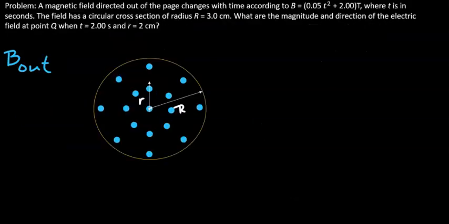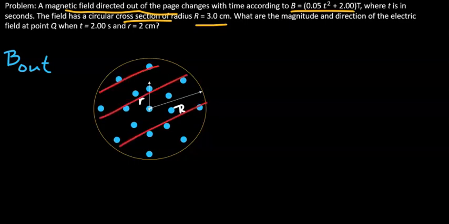Problem 2. A magnetic field directed out of the page changes with time according to that expression, where t is in seconds. The field has a circular cross-section of radius 3 centimeters. So this entire circular region with radius 3 centimeters is penetrated by a magnetic field in the direction out of the page or out of the plane as indicated by these dots.